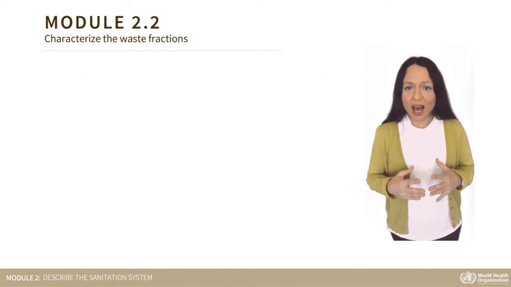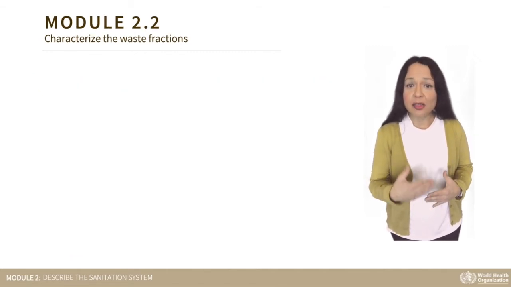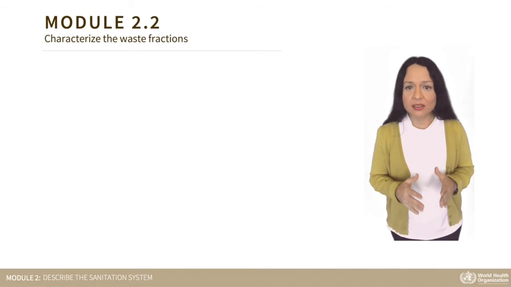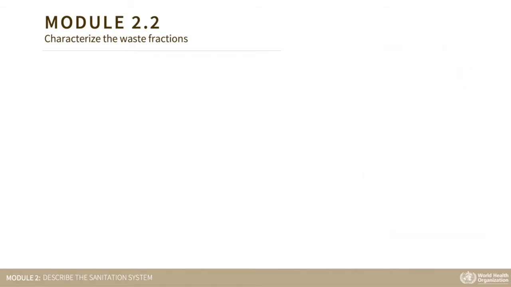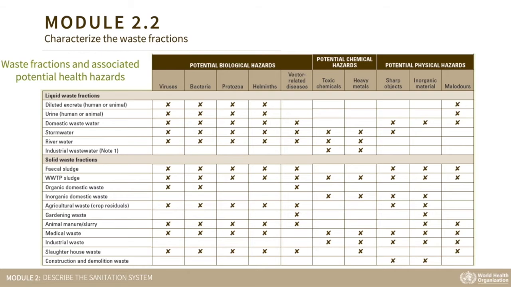Now that we understand the potential health hazards, we can characterize the composition of the waste fractions. This table that you find in your SSP manual indicates what are the potential health hazards associated to the waste fractions.